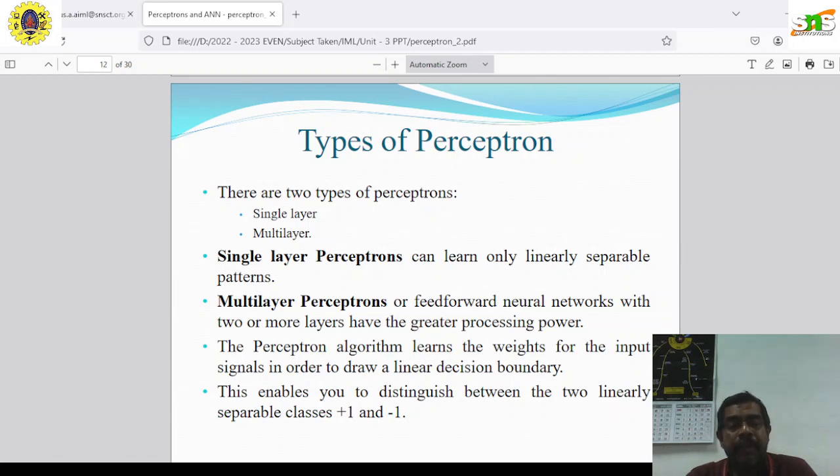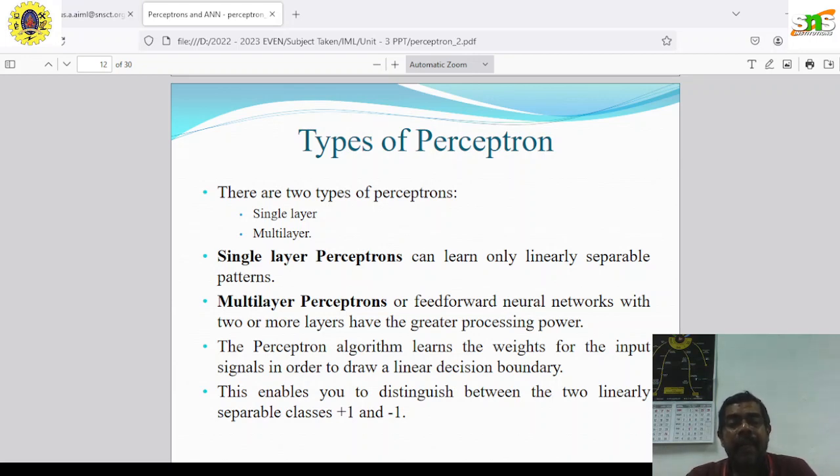The perceptron algorithm learns the weights for the input signals in order to draw a linear decision boundary. This enables you to distinguish between the two linearly separable classes, +1 and -1. We already said that the perceptron algorithm learns everything by weights. How? Actual neurons work according to the weights received from the previous neuron.